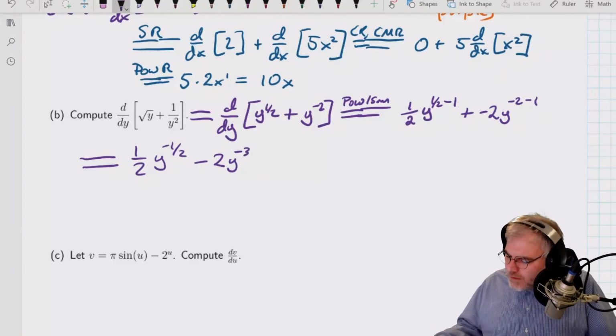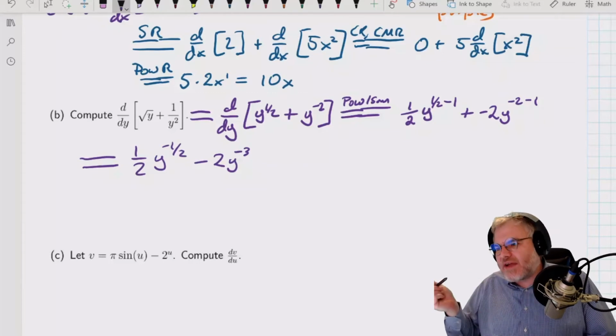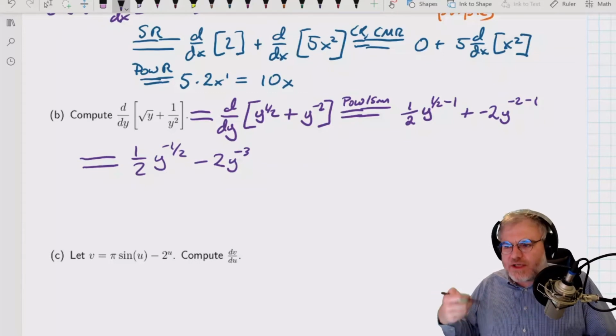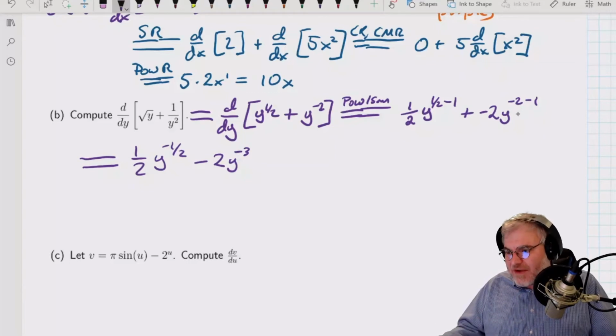Now, do you have to do this step? No. You don't need this step to communicate, but if I'm dealing with 1/2, I do it enough that I'll write negative 1/2. But if I'm dealing with anything negative or anything that's a fraction other than 1/2, I like to write them out.